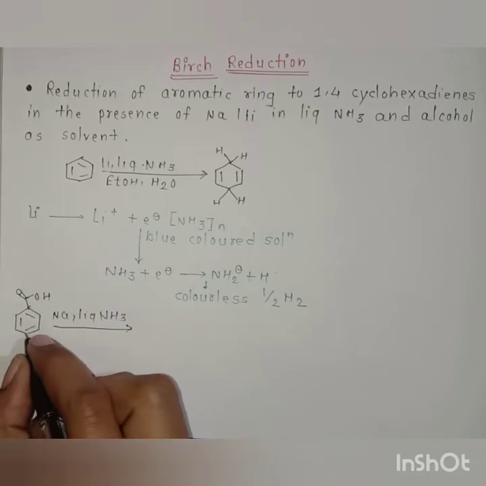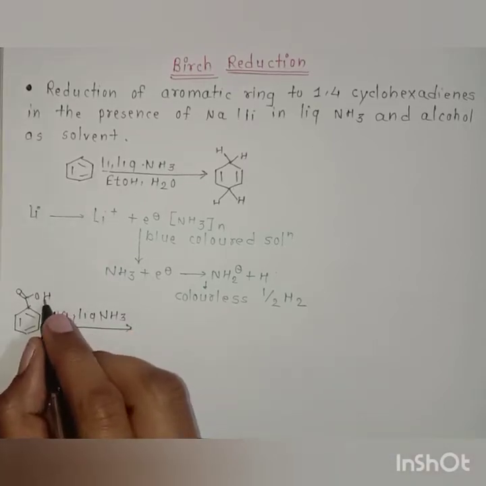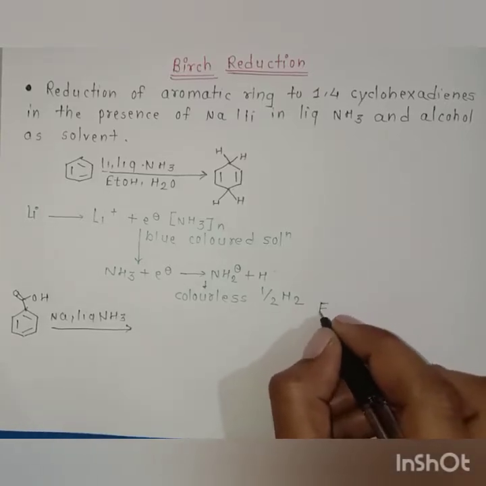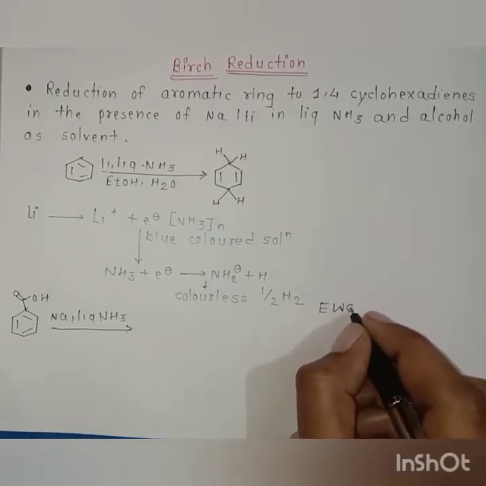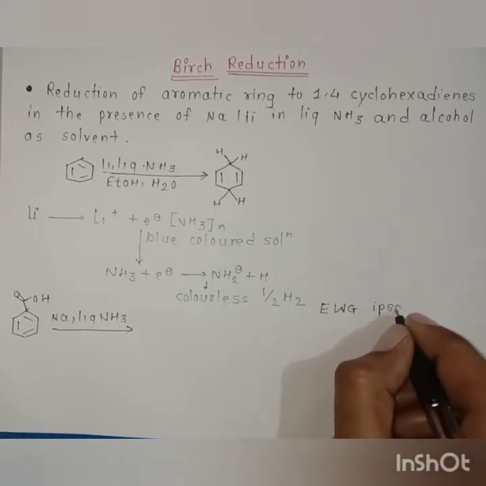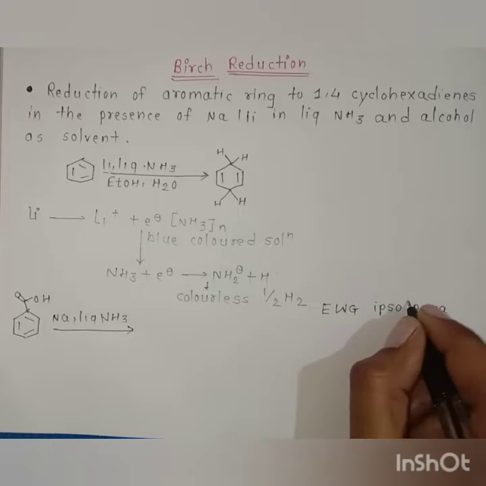Here the electron withdrawing group is present, and we know that in the Birch reduction, whenever the electron withdrawing group is present, it stabilizes the electron density at the ipso and para position.